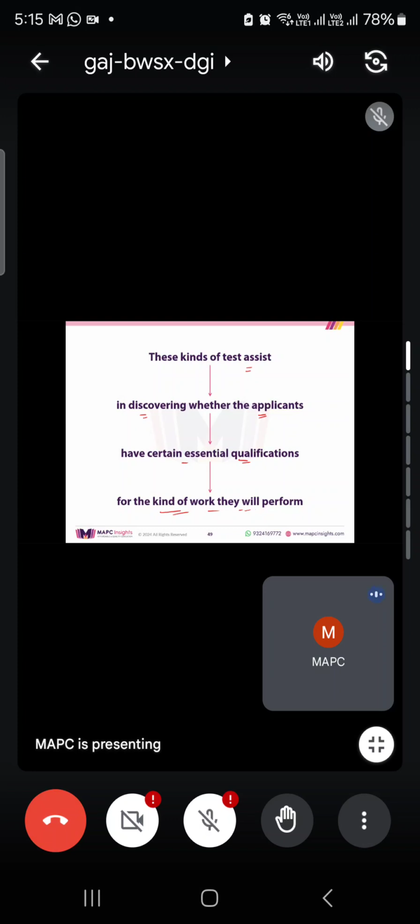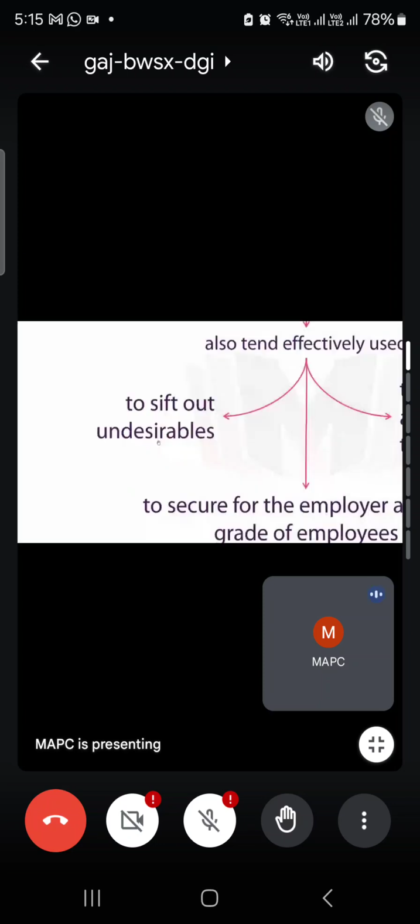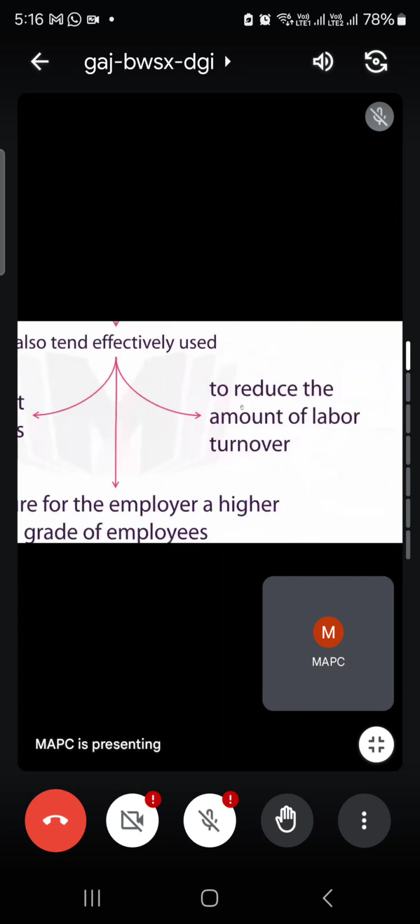So psychological tests are also used to check competency. They are also effectively used to remove the people who are not desirable in a selection process for a particular post.